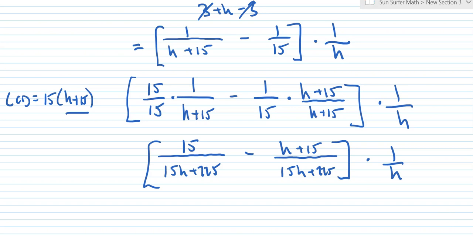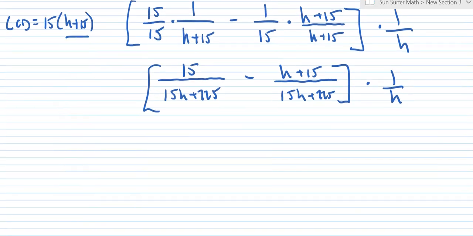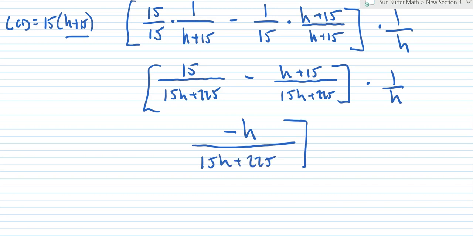Now that we have the common denominators, we simply combine the numerators. So 15 minus h minus 15, the 15's cancel out. We're left with minus h over the least common denominator. And all of that then is being multiplied by 1 over h.